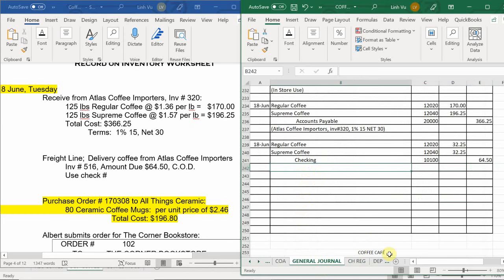So in this case, Freight line invoice 516. Good. Okay. And check number 1518. And the last thing I'm going to put here is COD, so you know why you paid Freight Cash. Okay. Cash on delivery.